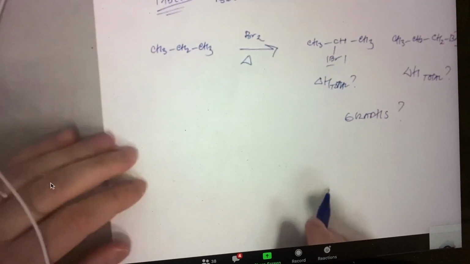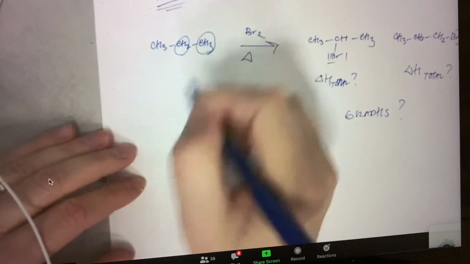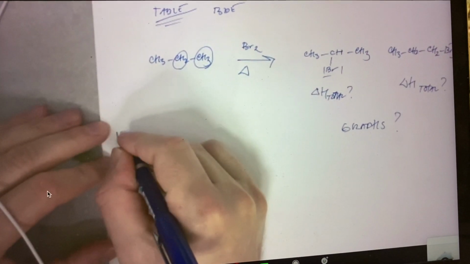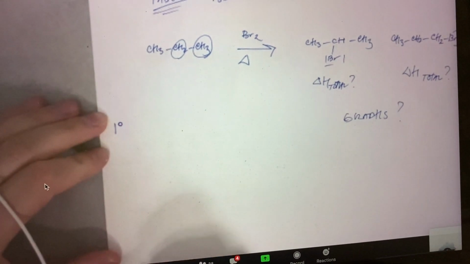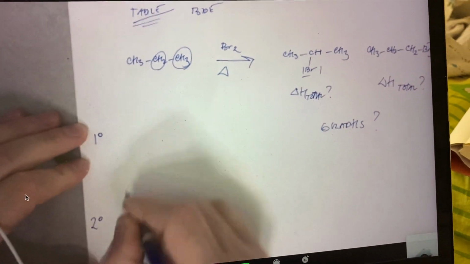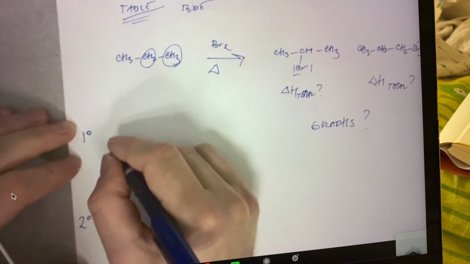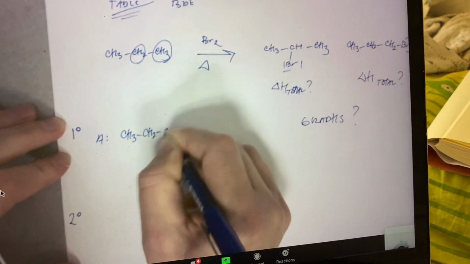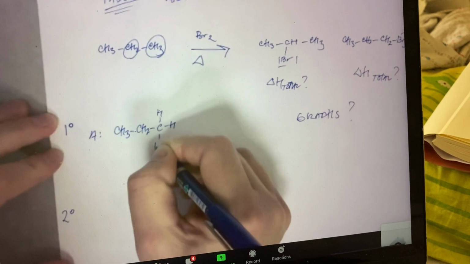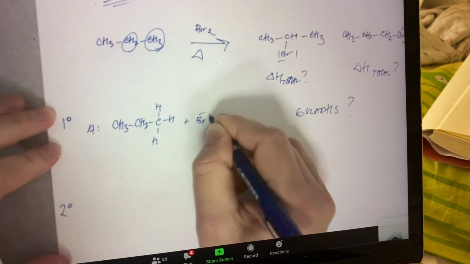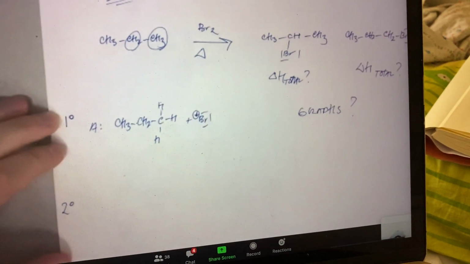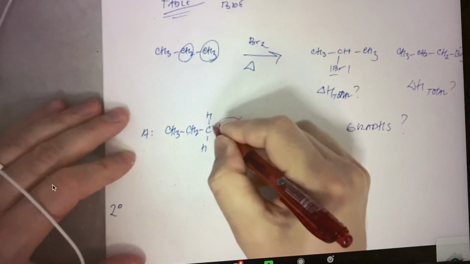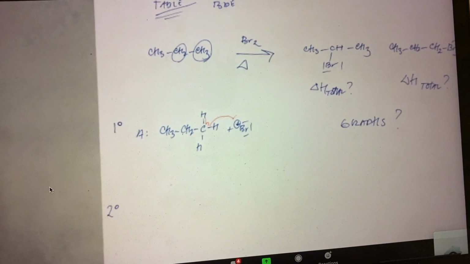The way you set up this problem is there's two different types of hydrogens we're going after. So you'll need a primary approach and a secondary approach. These will each have two propagation steps. If you were setting this up, your first reaction would be looking at that breaking, right?